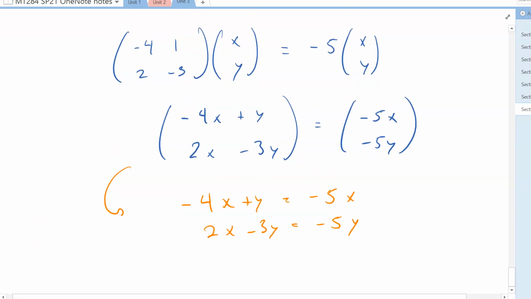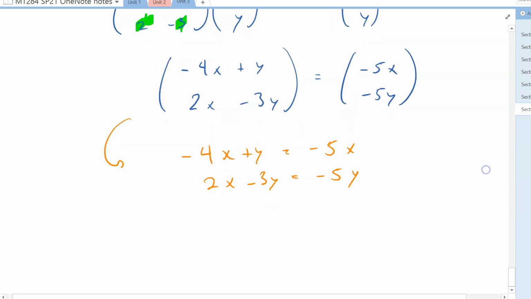Notice the numbers in the matrix, negative 4 and 1, are the coefficients of x and y. Likewise, 2 and negative 3 are the coefficients of x and y on the left-hand side. On the right-hand side of our system, we have our eigenvalue negative 5 times both x and y.